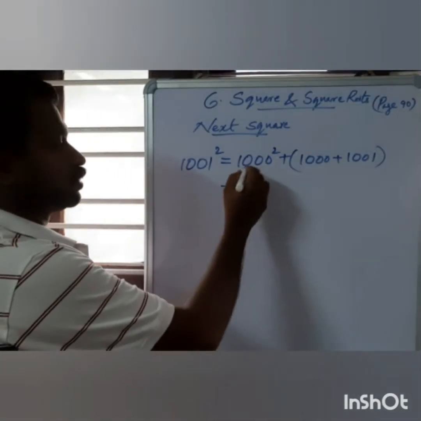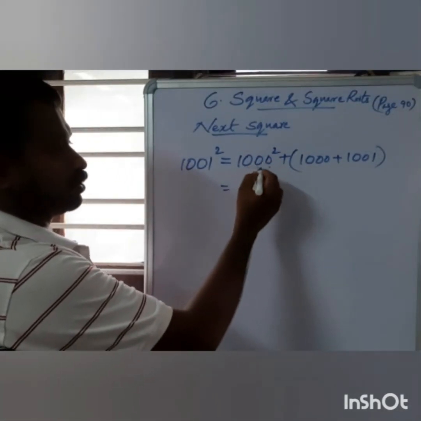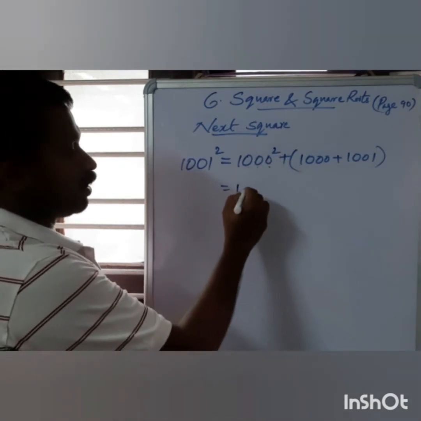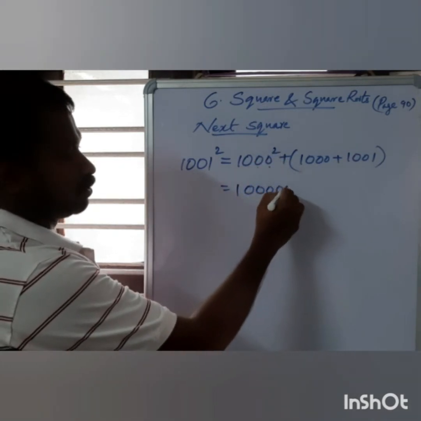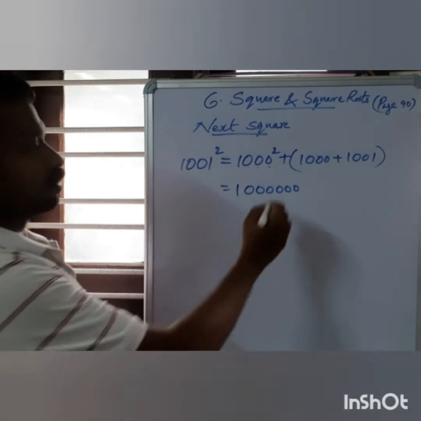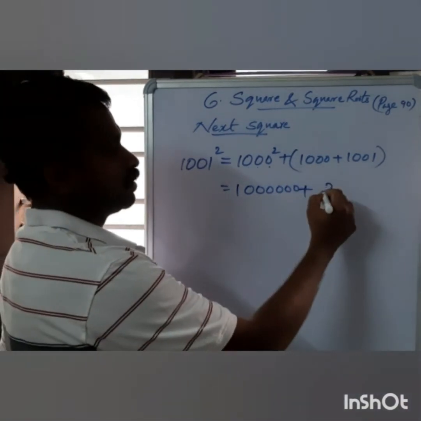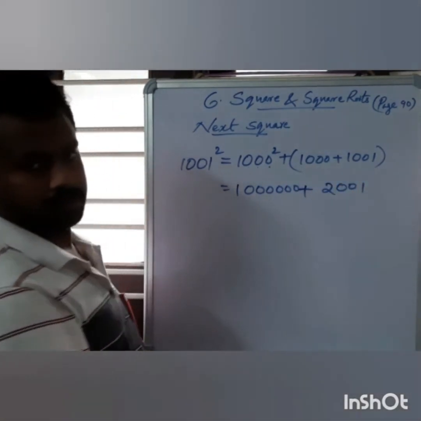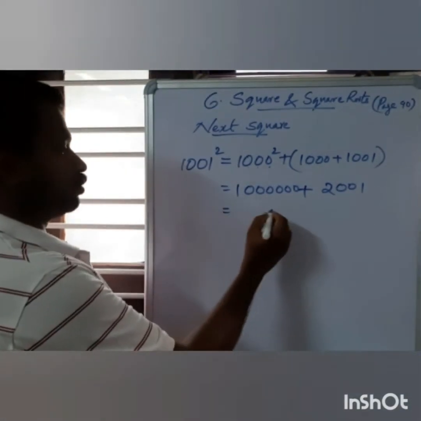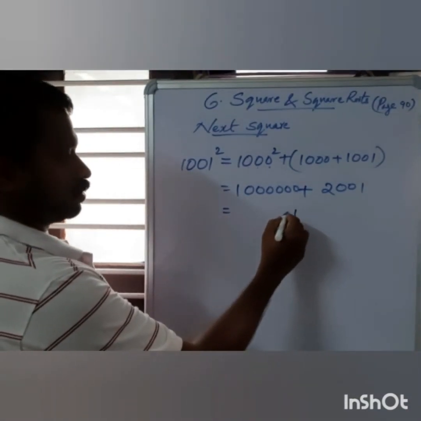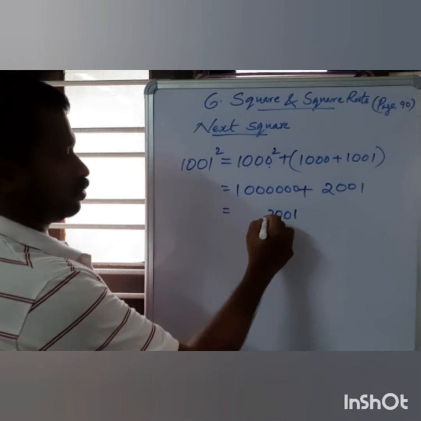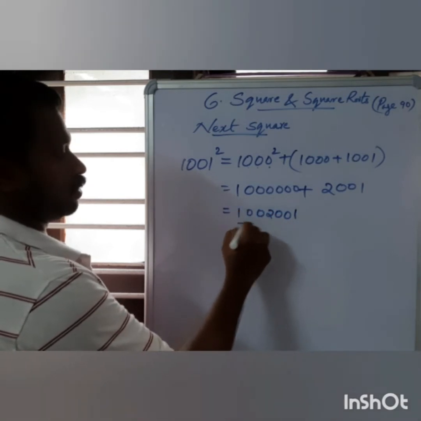There are 3 zeros. Take the double. So 1 followed by 6 zeros, plus this is 2001. So it should be 1 0 0 2 0 0 1.